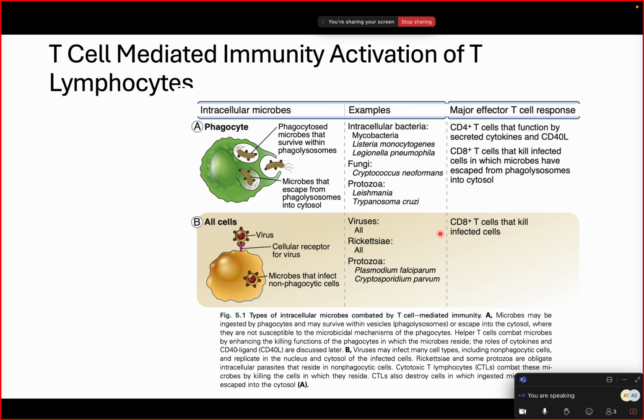Okay, so for such cells, which particular T cell will be activated? It will be the cytotoxic T cell. Why? Because we need to kill this cell directly, so that no further infection can take place to the surrounding cells. So in such cases, CD8 positive T cells or the cytotoxic T cells will be deployed for handling such cases.